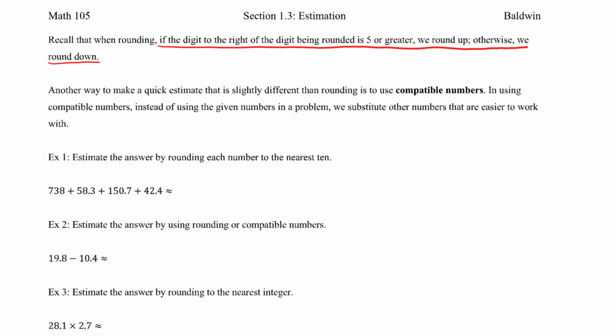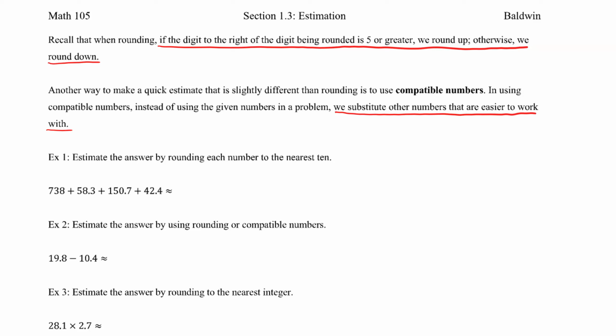Another technique we can use when dealing with estimation is what's called compatible numbers. This is a slightly different approach, but it allows us to substitute other numbers that are easier to work with into the problem so that we can still get an appropriate estimation for the given situation.